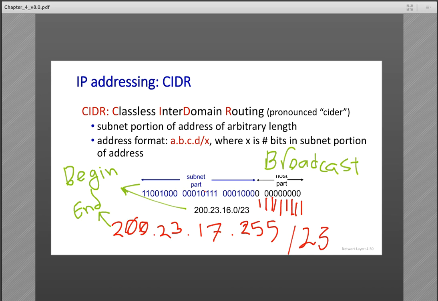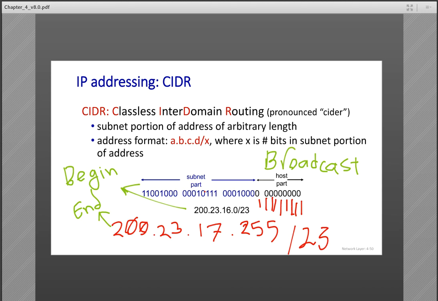I cannot use these addresses, so in a network at least I need 4 different addresses, 2 of them for the beginning and end address, and the other 2 addresses are for assigning to the computers in a network.